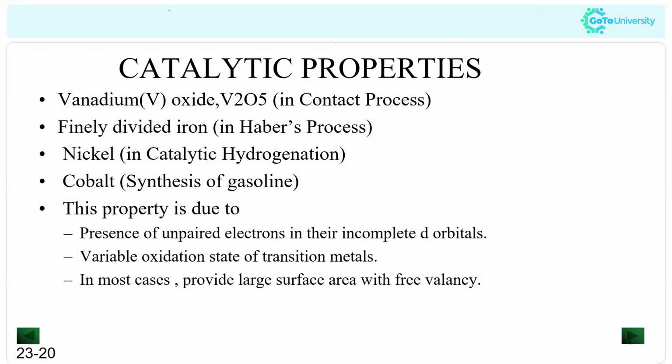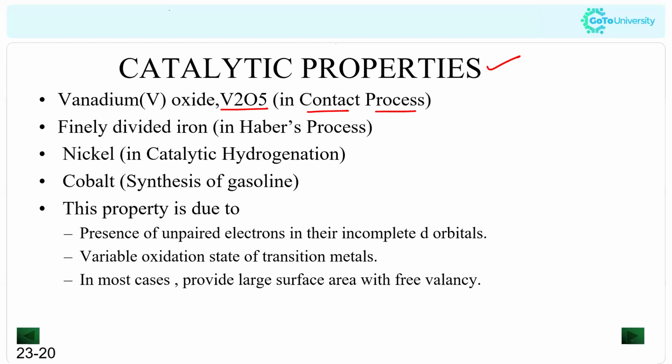Now coming to the catalytic properties, many of the transition metals or their compounds can be used as a catalyst in many reactions. First example is vanadium pentoxide, V2O5. This vanadium pentoxide is usually used as a catalyst in the contact process. What is the contact process? This is the industrial manufacturing of sulfuric acid, right?